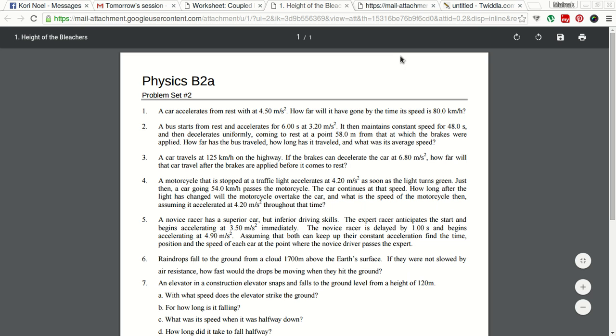It then maintains constant speed for 48 seconds and then decelerates uniformly, coming to rest.